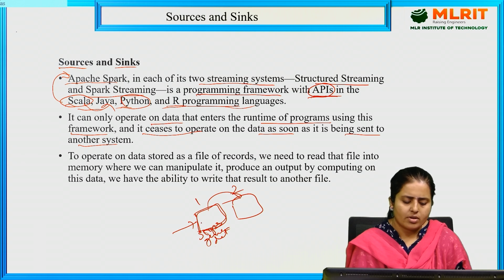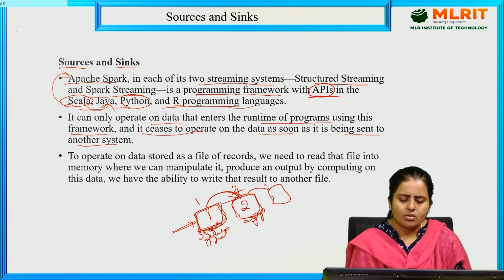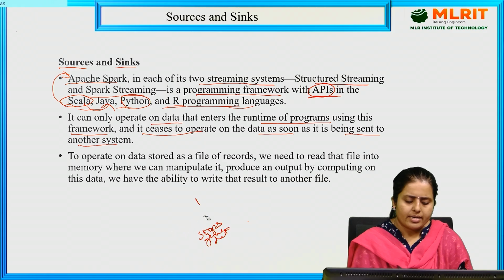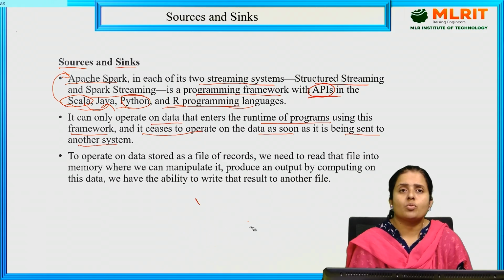Why? Because the data has already passed through the first system. If any output goes as an input to another system, the previous system's data automatically ceases. So it can reduce the scope and it can reduce the storage as well.